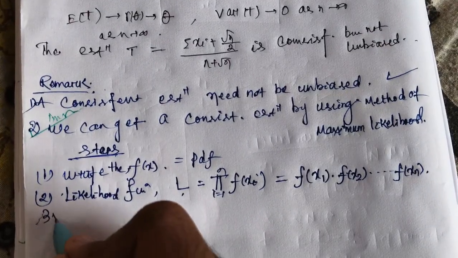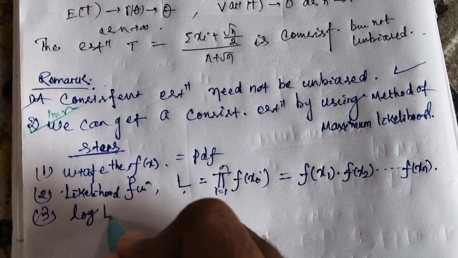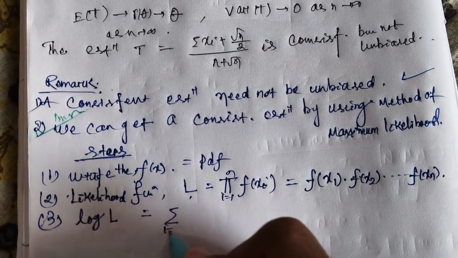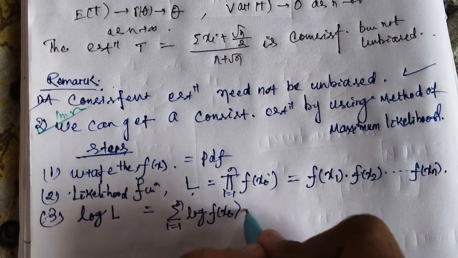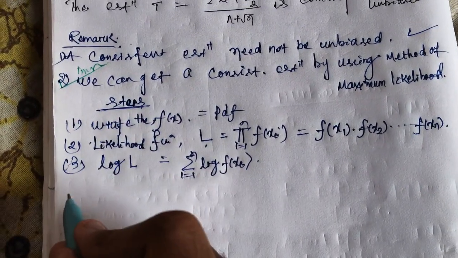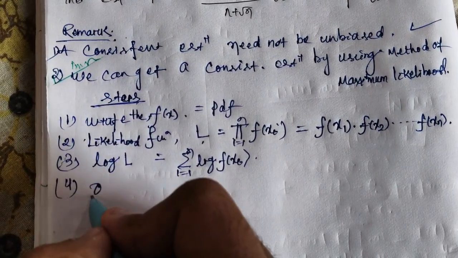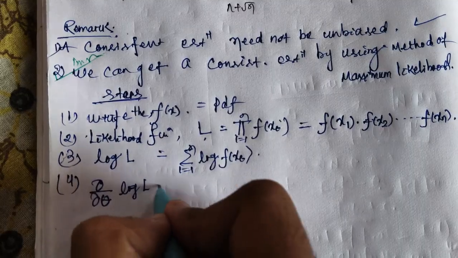Now in the third step you have to take the log of the likelihood function, which is written as summation i equal to 1 to n of log f(xi). In the fourth step you have to differentiate the log likelihood and equate it to 0.